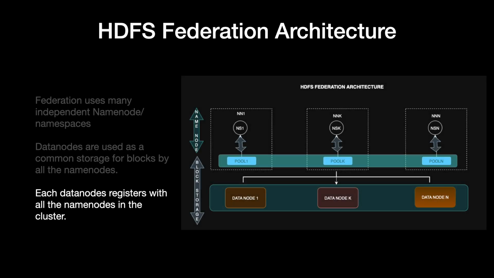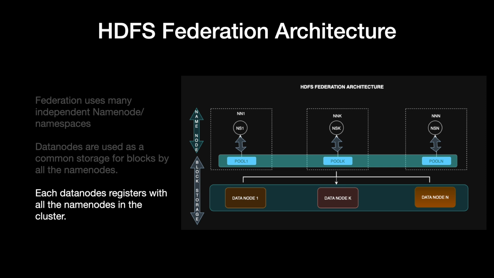So this is how the Federation architecture looks. It has multiple name nodes and multiple namespaces, and block storage is managed by multiple name nodes as well. Each data node registers with all the name nodes within the cluster. These data nodes send periodic heartbeats and block reports, and handle commands from the name nodes.